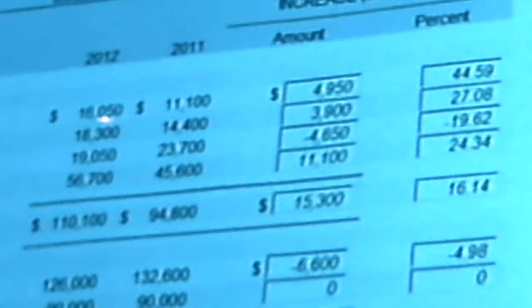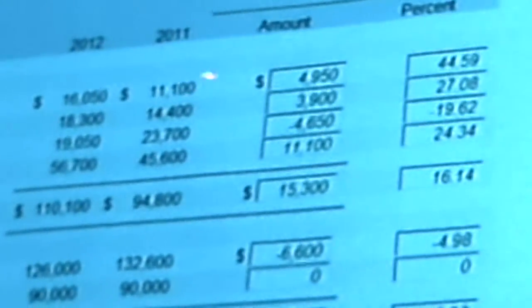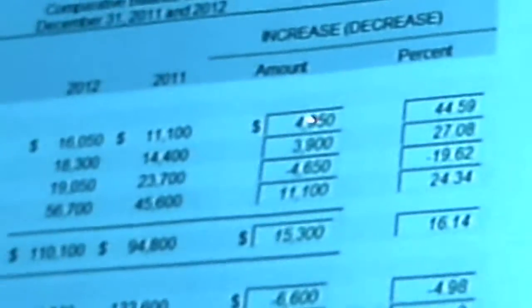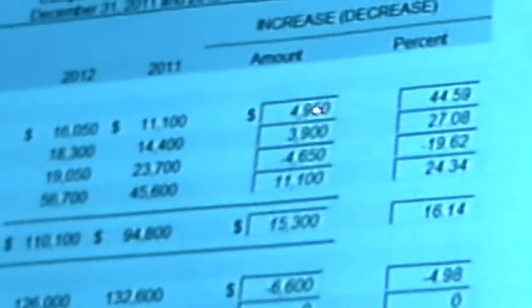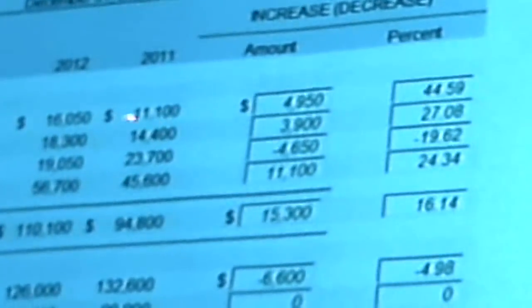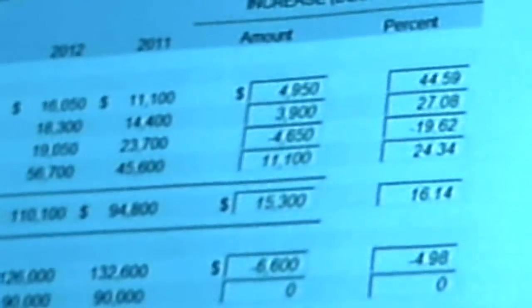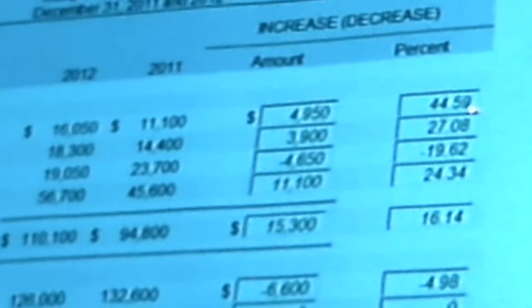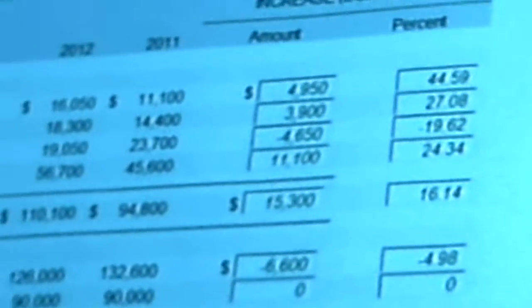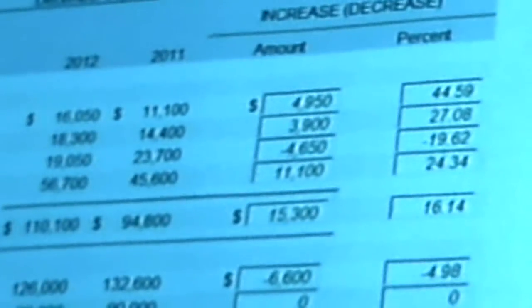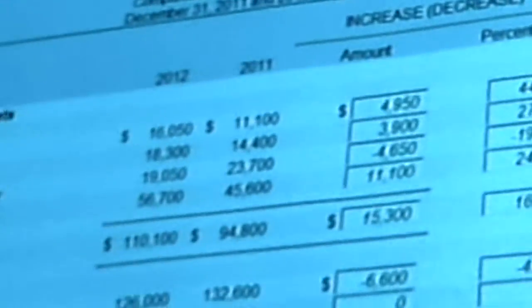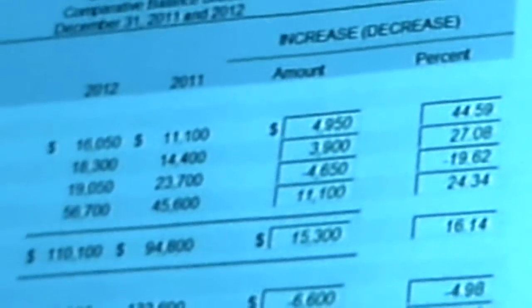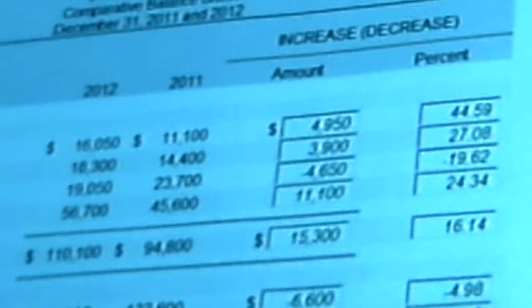So the current year minus the past year gives you the amount of increase or decrease, right? And then you take that and divide by what? Always the lowest, or the past year, not the current. And you can see that 4,950 should be 44.59% of 11,100. Check it if you'd like. It should be close enough. And you follow that format all the way down.